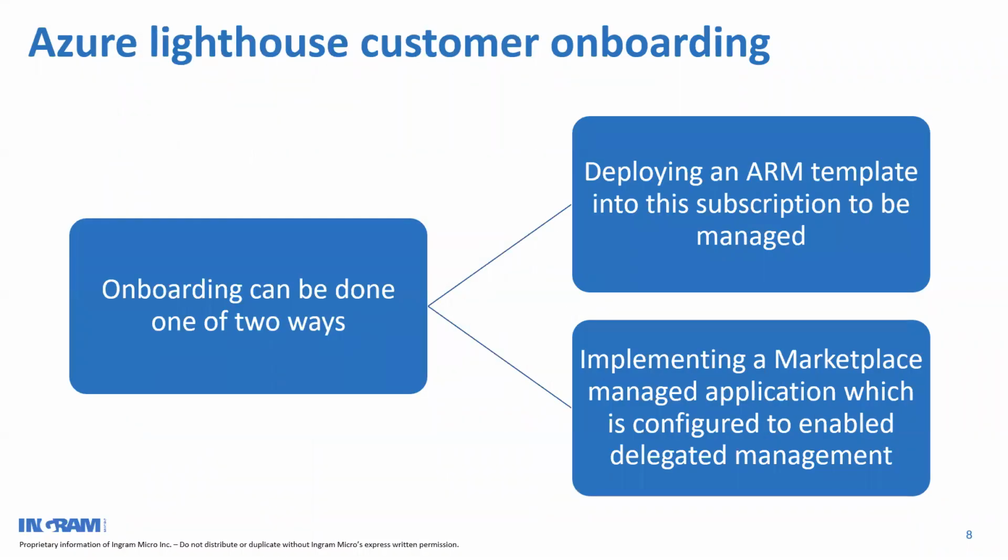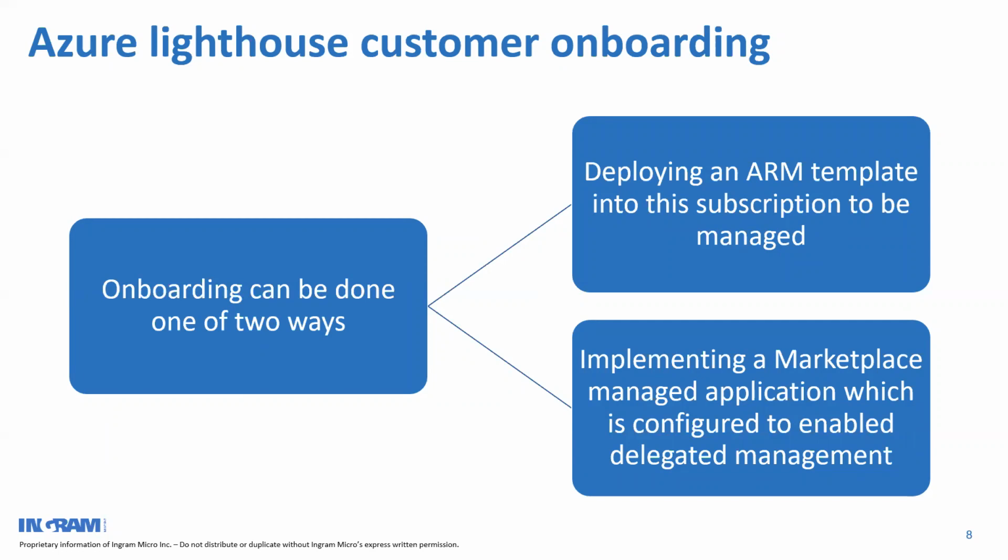So what are the two options of customer onboarding? Option number one is deploying an ARM template into the subscription to be managed. So the option one is you create a deployment script, and this deployment script is also already made available from Microsoft. You just need to do a little bit of tweaks to it.